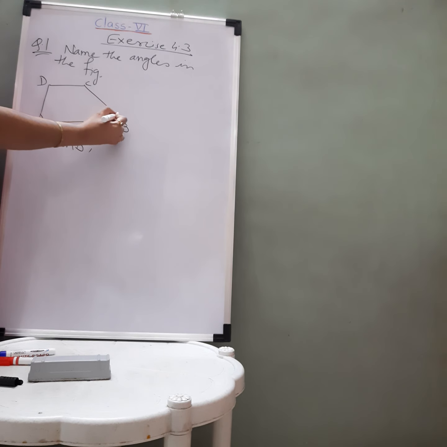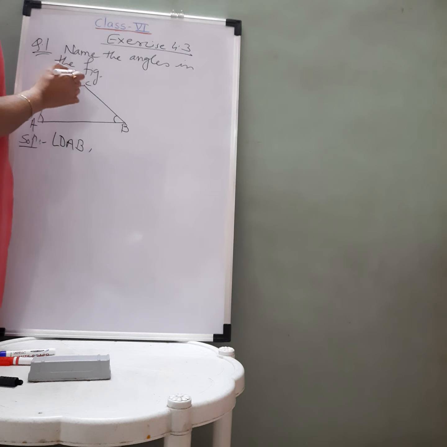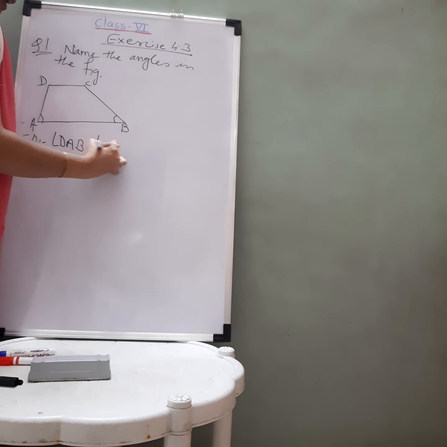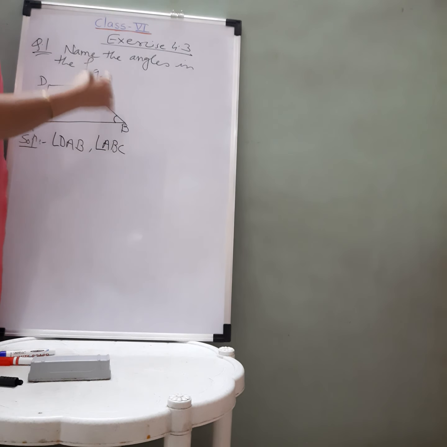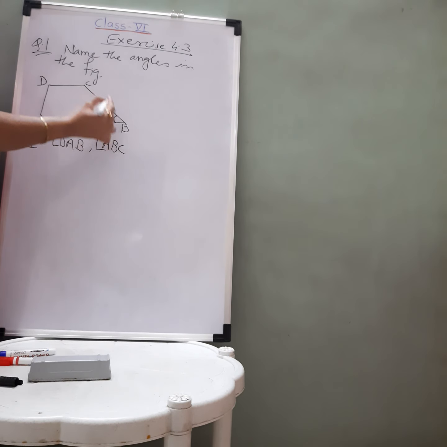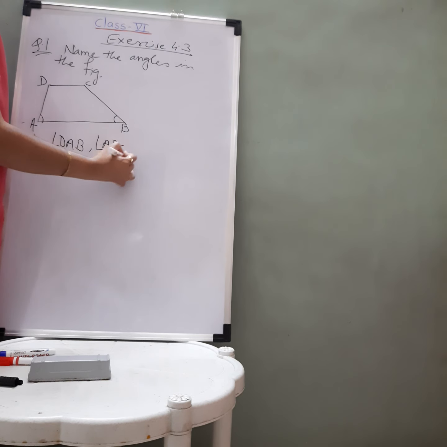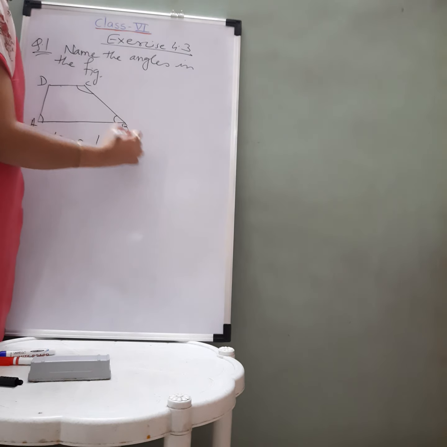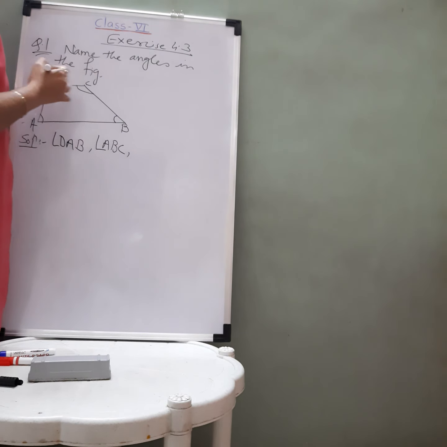Now if I want to name this angle, then here the rays are BC and BA. So I will name this angle as angle ABC, or I may write it as angle CBA also. Similarly, angle C is made up of CB and CD.